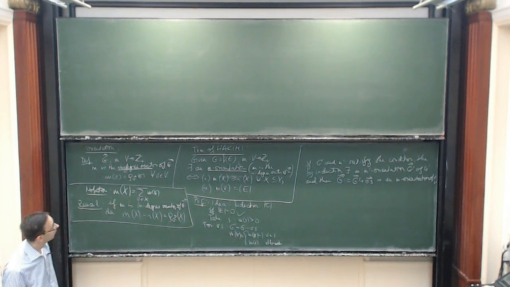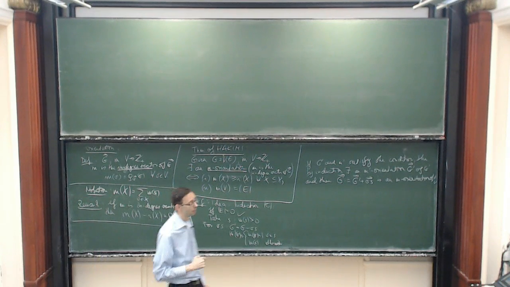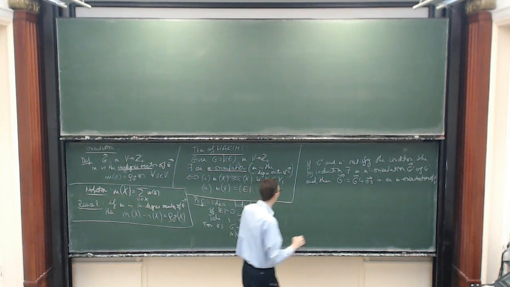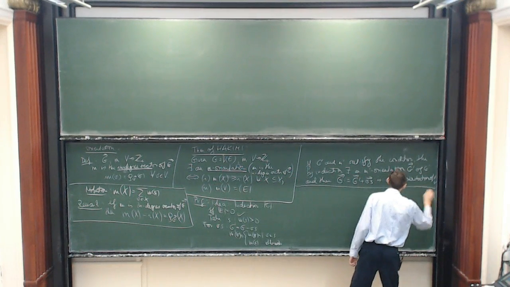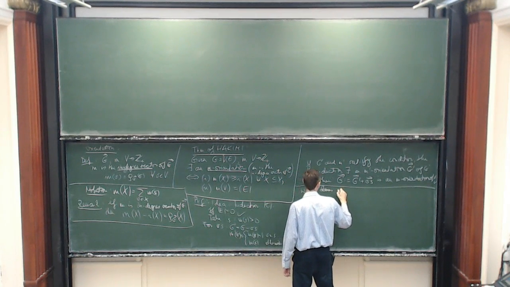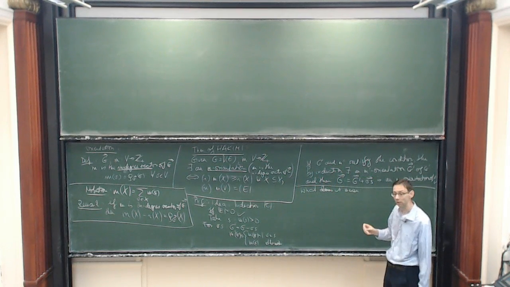So the question is how to choose this edge so that this condition be satisfied. So what does it mean that this condition is not satisfied?